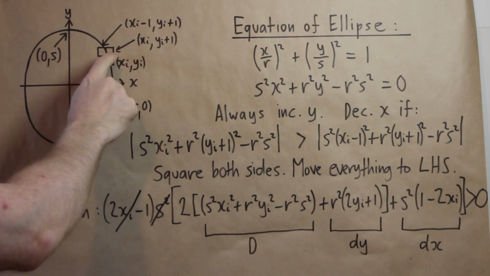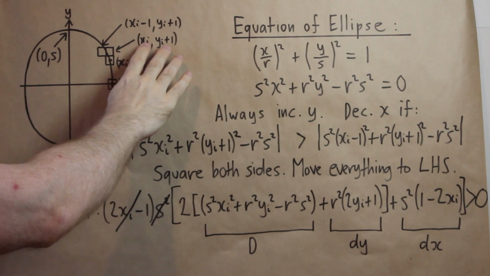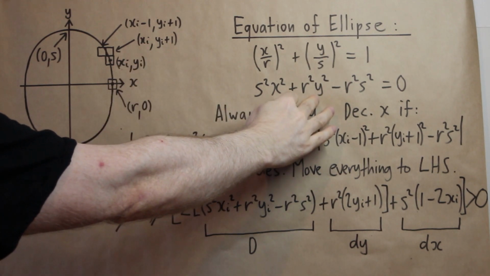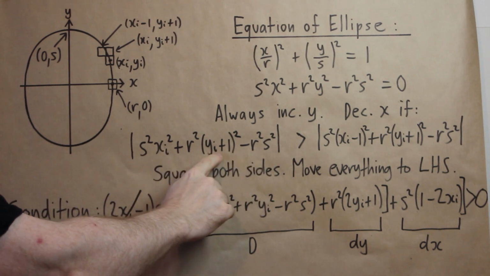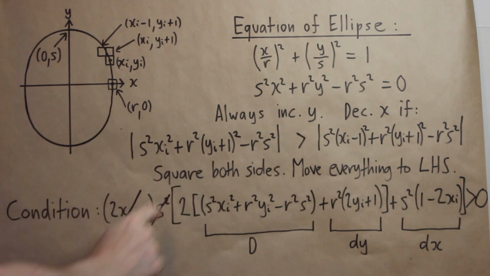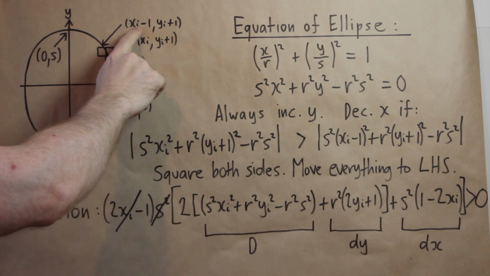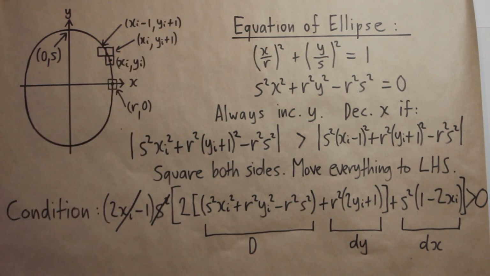If I go directly up, the only thing that happens is yi increments, so I end up with xi, yi plus 1, and if I plug those in, this is the expression that I get. If I go up and to the left, then I plug in xi minus 1 and again yi plus 1, which is the same in both cases, and you can see I've plugged those in here.